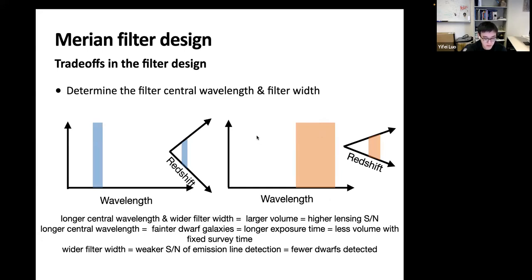Basically, we want to find the optimal design of the Merian filter set to optimize the observed signal-to-noise of the dwarfs and also their weak lensing signal-to-noise. And remember, the weak lensing signal-to-noise depends on the number of dwarf galaxies. So the weak lensing signal-to-noise prefers more dwarfs and a larger cosmological volume. However, we need to detect them. So this is basically a trade-off, or an optimization, for the filter design.